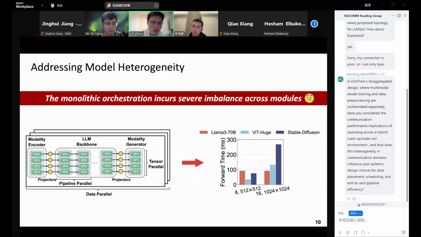So in our design, we scale the projectors with the scale of the cluster. You can put the projectors on one GPU of the modality encoder or on one GPU in the backbone, and the number of projectors can scale up. So in the scale-up problem, the projector communication may be the problem. How to decide the number of projectors and how to place them may be an actual problem.